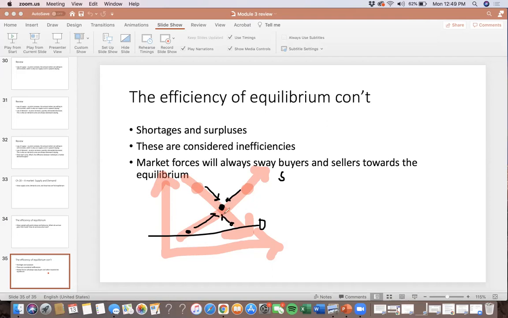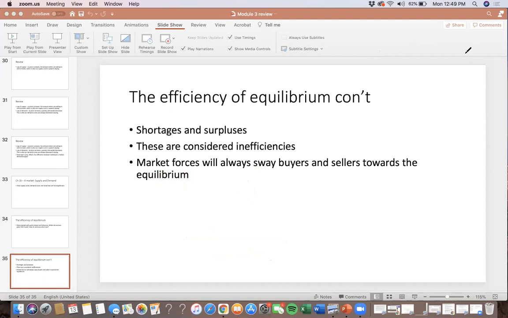It would force the price up and it would force demand to go down a little bit in this case, okay? So we'll talk about those disequilibriums a little more, but the efficiency of this market being at equilibrium is going to be that most efficient point for both buyers and sellers.